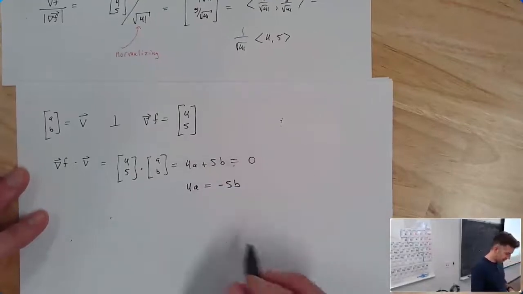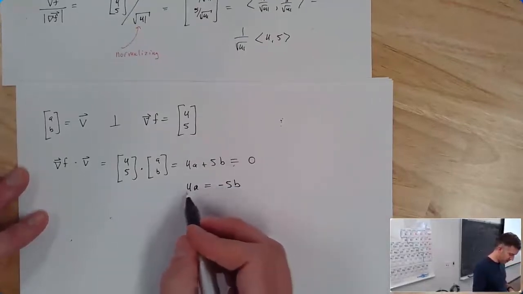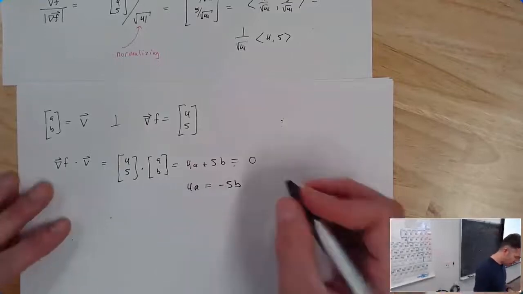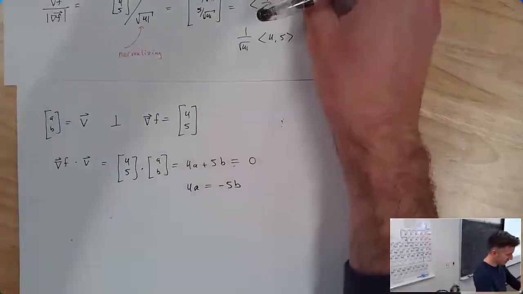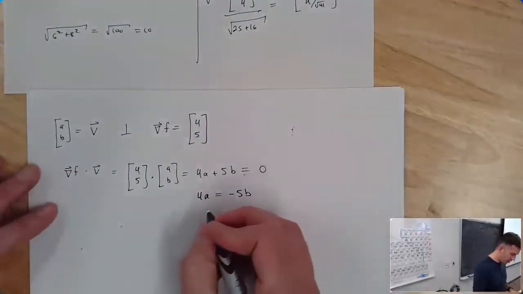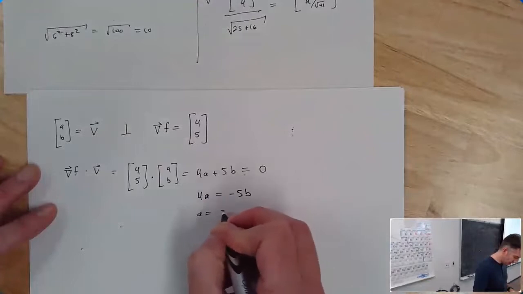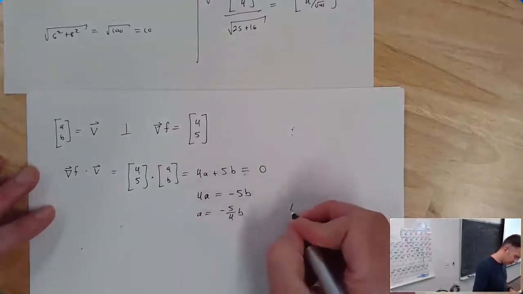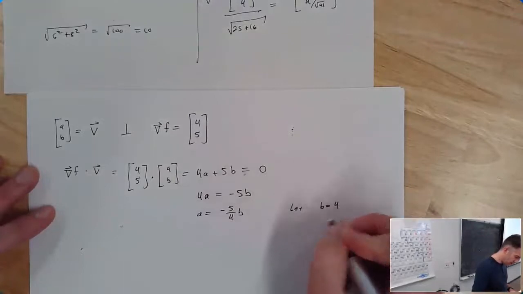So then I'm going to say that a equals -5 and b equals +4, or whatever version of that you like. Or you can actually solve and say a is -5 fourths b, and then you can let b equal 4, and you get a equal to -5.